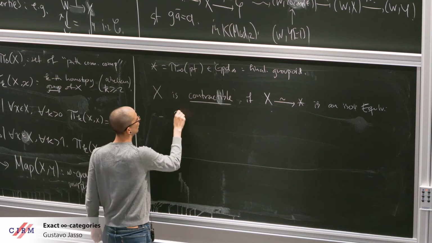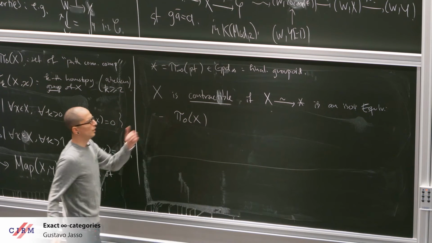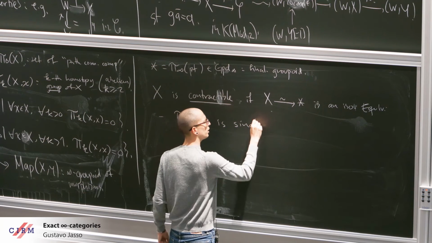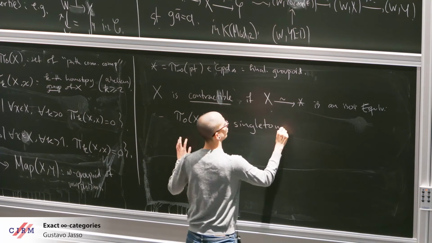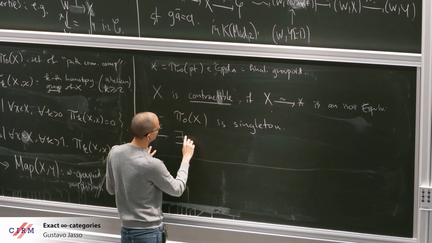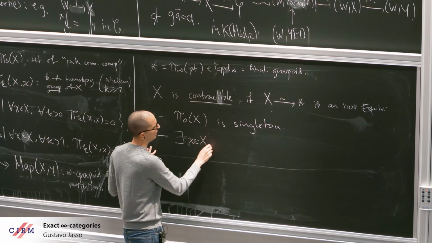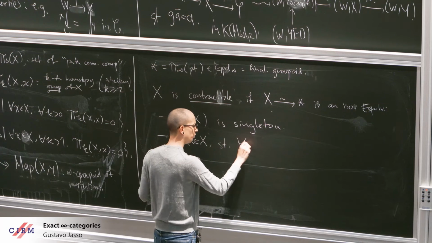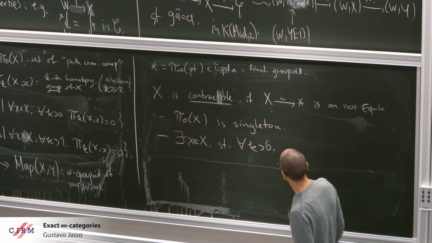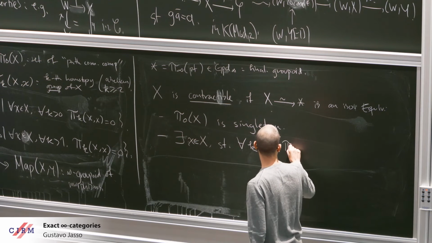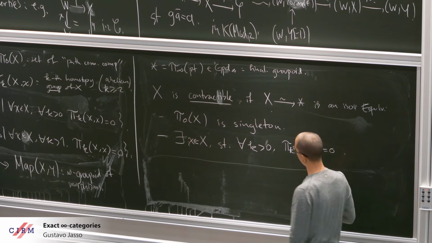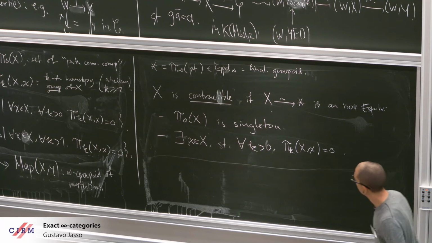Well, X has a single connected component, so that set is a singleton. And it's enough to request that there exists a point in X such that for every positive integer, these homotopy groups vanish.